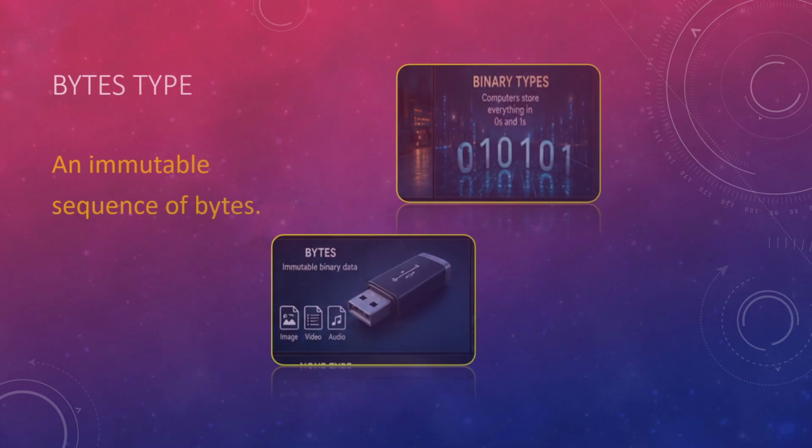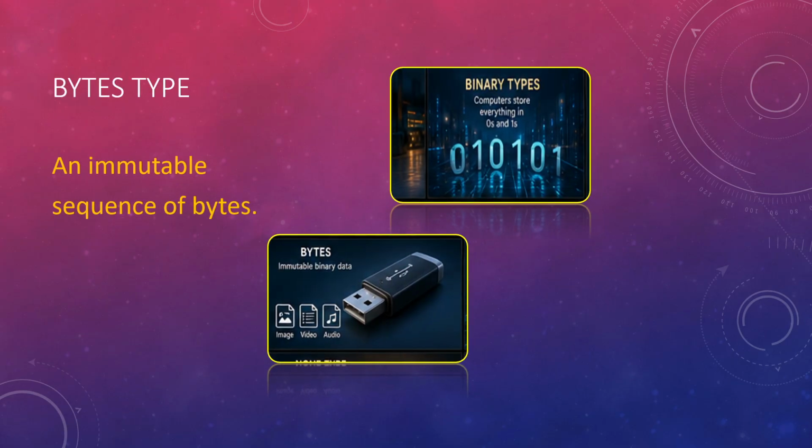So next here we see the bytes type, right? We have seen what bits and bytes are, but this is the bytes data type which is actually given in Python. It is a binary type, it stores everything in zeros and ones. Bytes is the data type which is an immutable sequence of bytes, that means combinations of ones and zeros, but it is immutable.